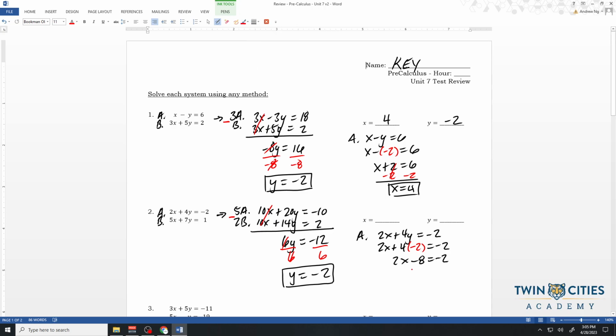Let's keep solving. So we'll add 8. 2x is equal to 6. And dividing both sides by 2, x is equal to 3.